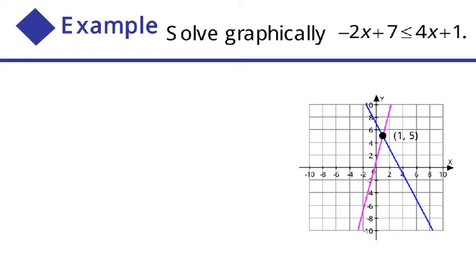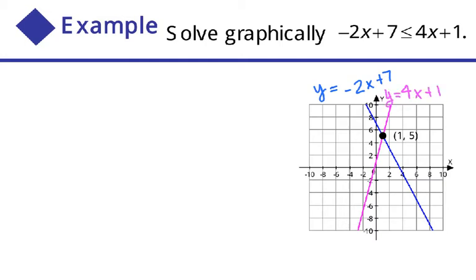So this blue line is y equals negative 2x plus 7. And this pink one is 4x plus 1 equals y.